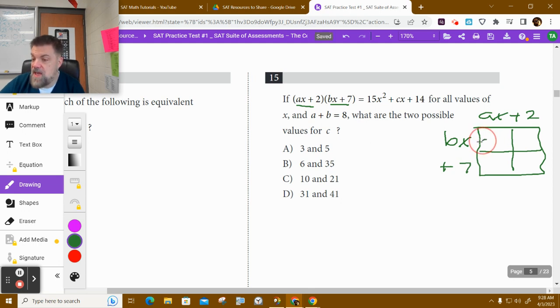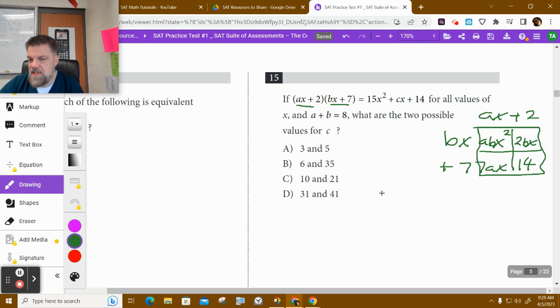Now, when I multiply this out, I got abx squared, and then I have 2bx, and then 7 times ax is 7ax, and then 7 times 2 is 14. So this is the interesting thing.